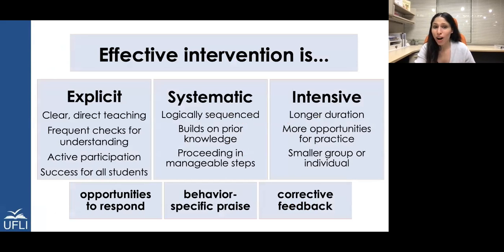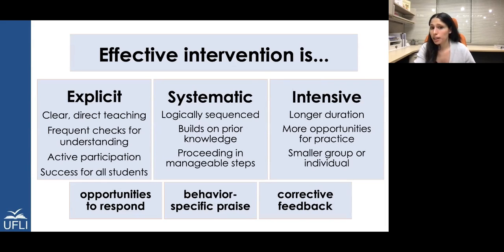I know Holly talked about this last time she presented, and most of you are very familiar with this as well. But when we think about effective instruction and intervention in particular, we need to remember that when we're planning this, just like when we're planning whole group instruction, we need to make sure that this is explicit for our students, it's systematic, and we'll talk a little bit about how we use a scope and sequence to make sure it's systematic.